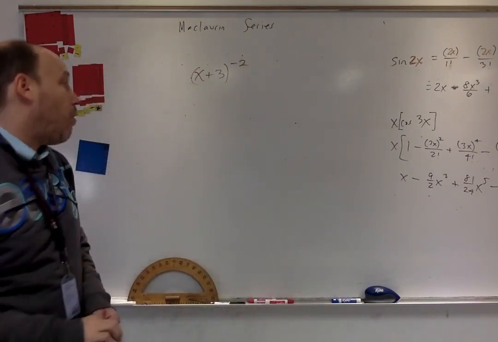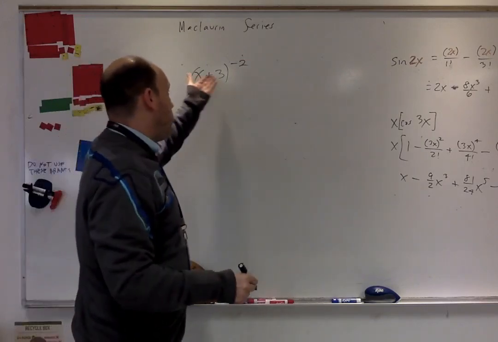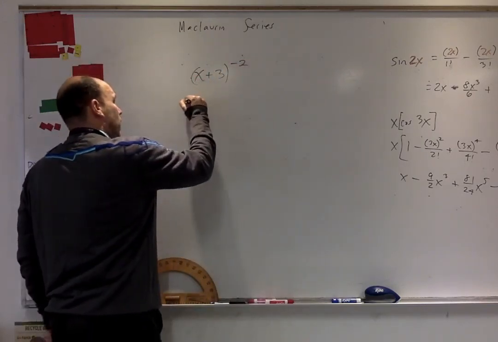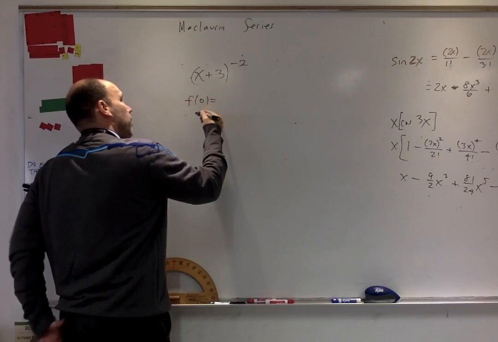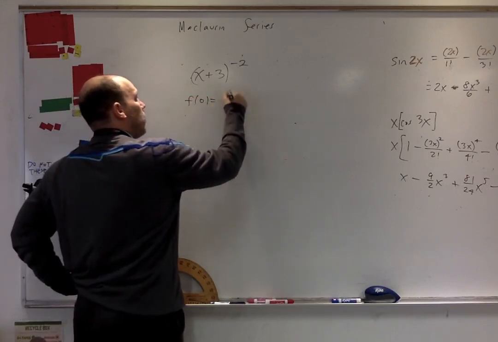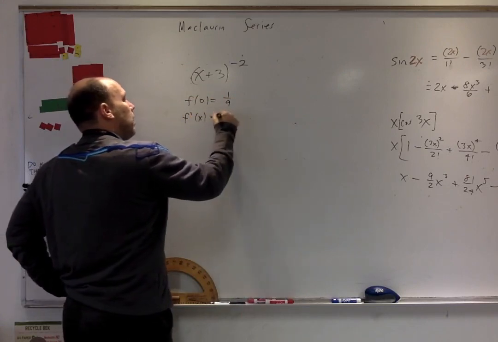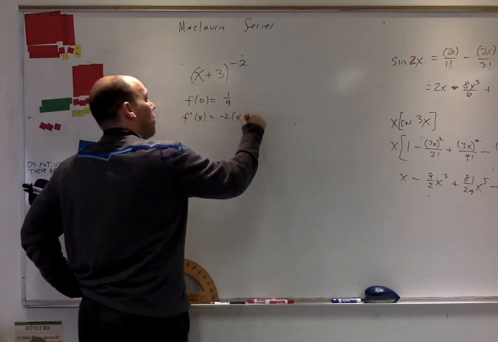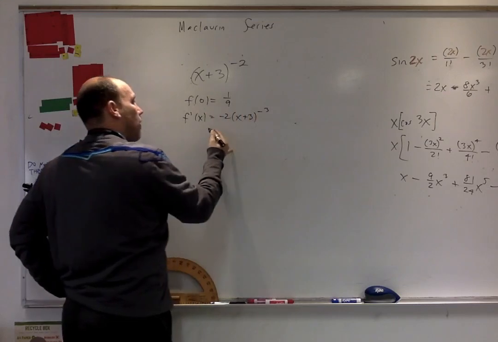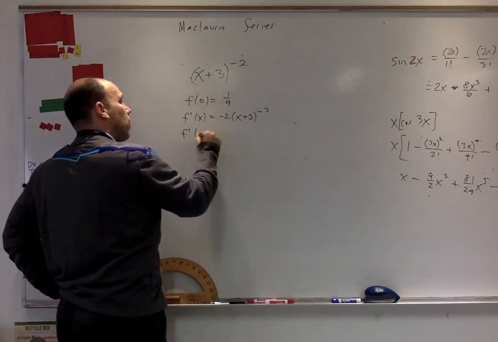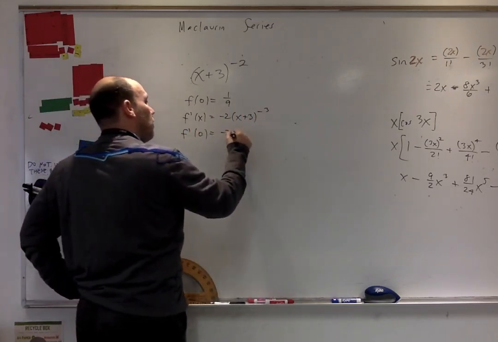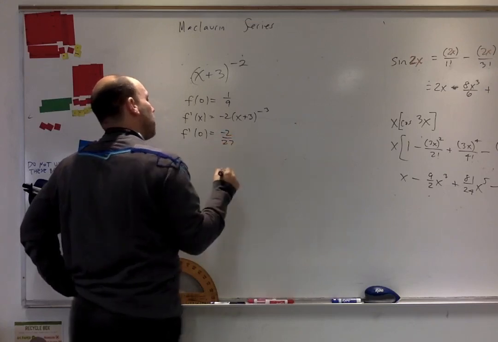Let's see. Well, if the rules don't change, what's f of 0? f of 0 is 1/9, right? What's the first derivative of f? Negative 2 times x plus 3 to the negative 3. Therefore, what is f prime of 0? Well, that's negative 2 over 27.